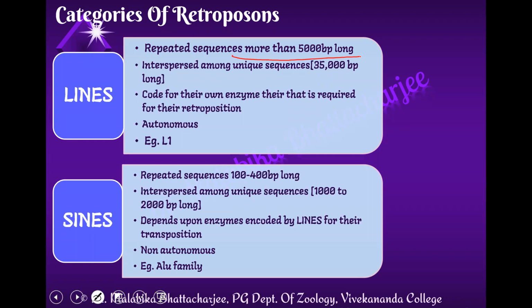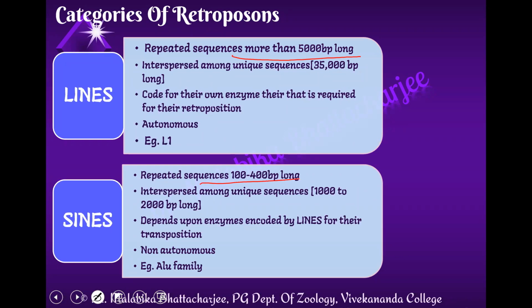The DNA is not moving here, but the DNA is being copied into RNA, and that RNA then produces a cDNA, which is integrated. Depending on the size of the DNA, they are divided into two broader categories. One is the LINEs, long interspersed nuclear elements, and the other is the SINEs, short interspersed nuclear elements.